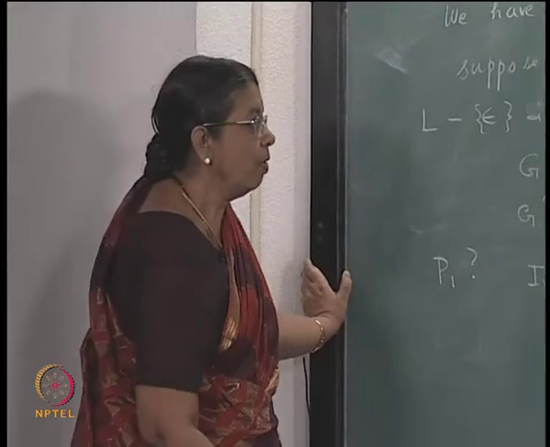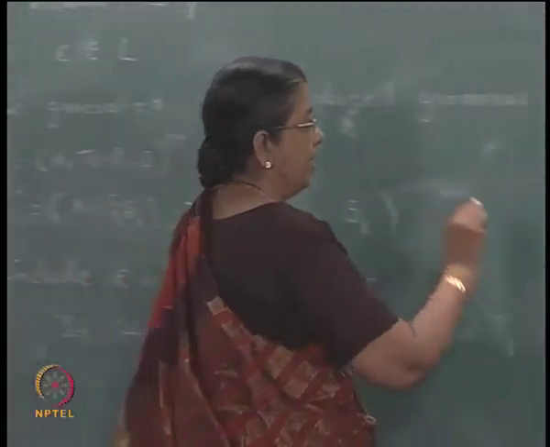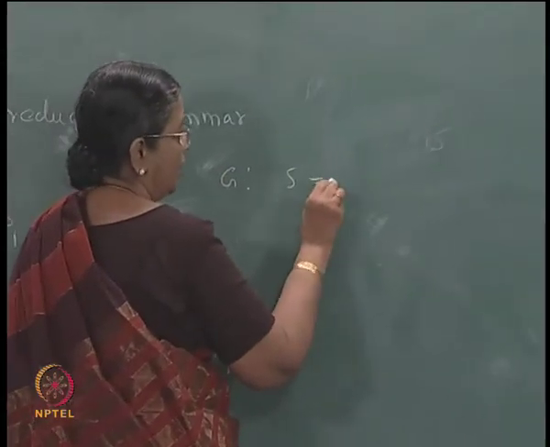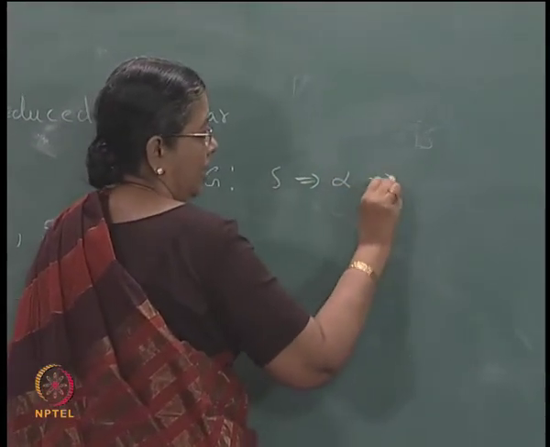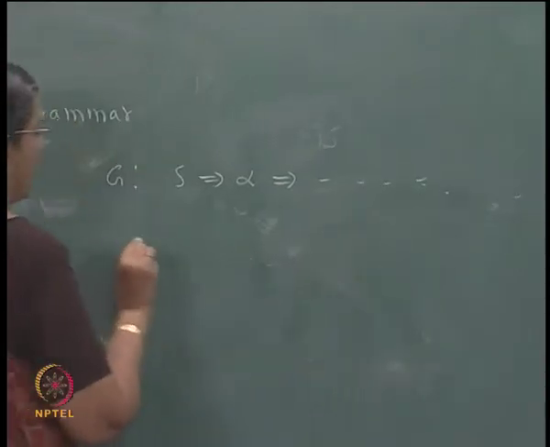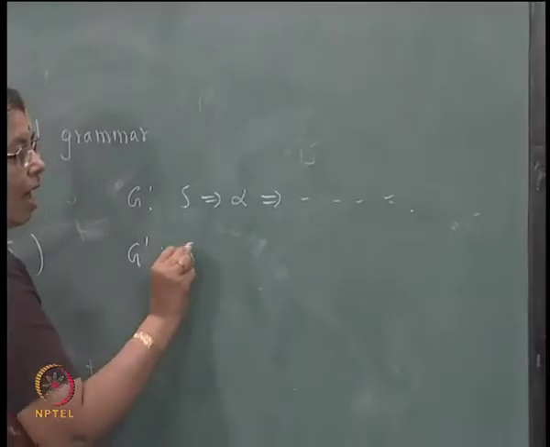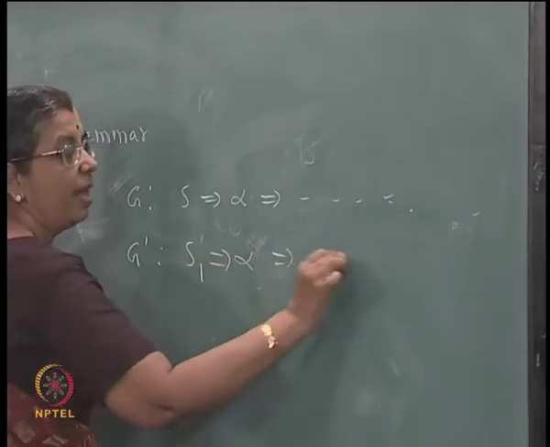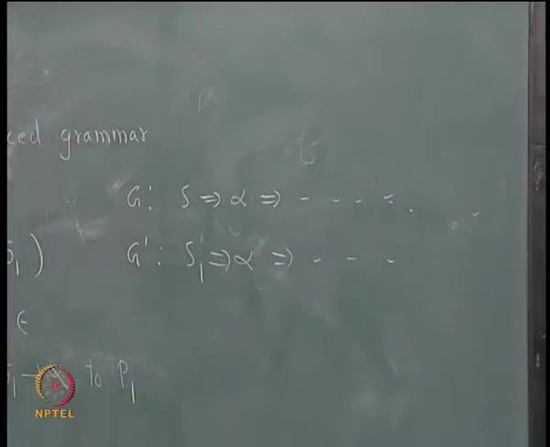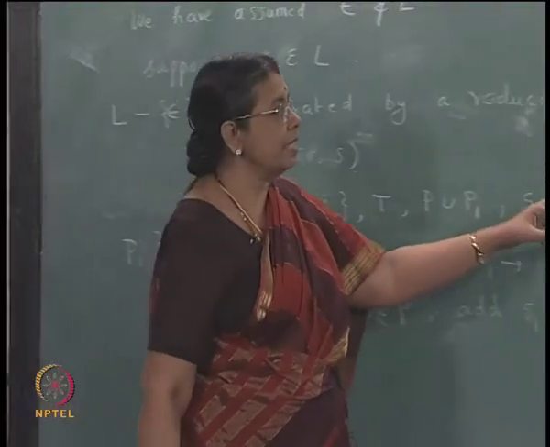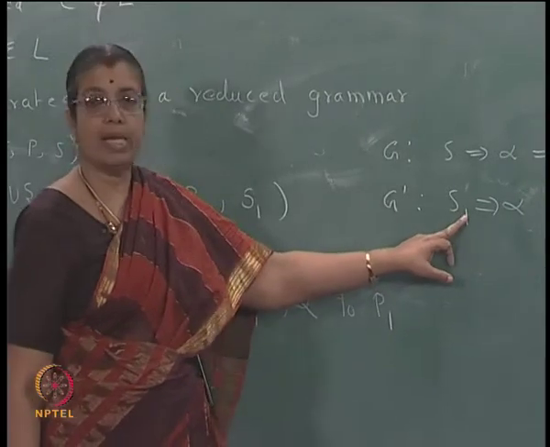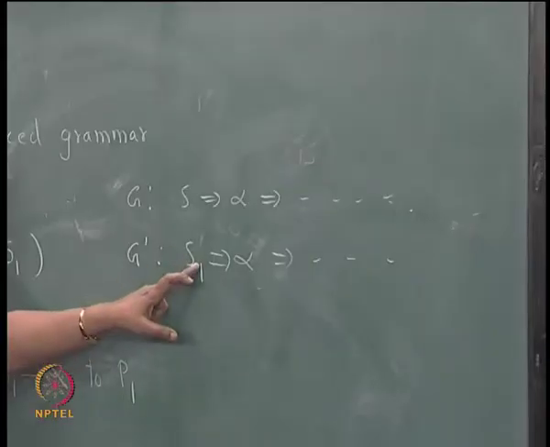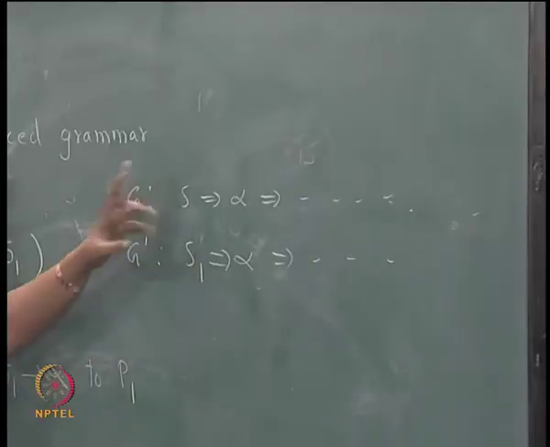Now if you have a derivation in G of the form S goes to some alpha and so on, in G dash you will have S1 goes to alpha, the same derivation; the first step alone will be changed. So whenever a string is derivable here, it is derivable here, and whenever a string is derivable here, it is derivable here. Apart from that, you are also deriving epsilon.